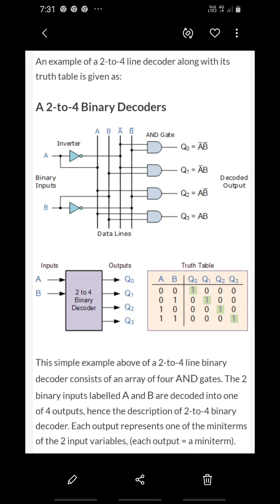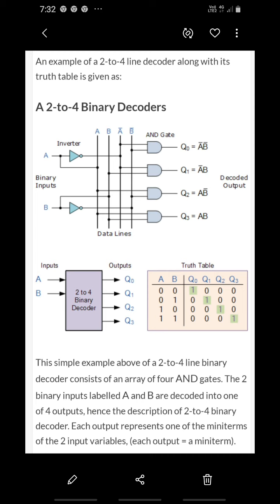Next, Q2 is equal to A B bar, so A is taken from the terminal along with B bar and draw the AND gate. Here Q3 is equal to AB, so simply take A and B and draw the AND gate.